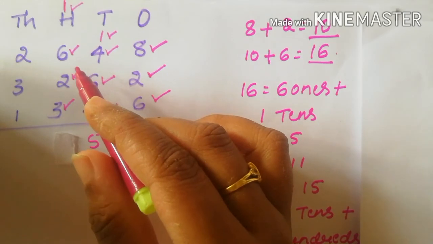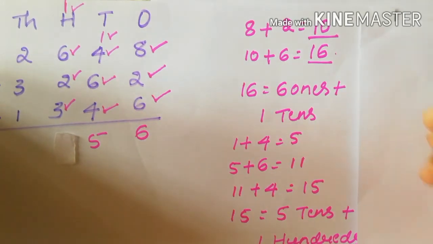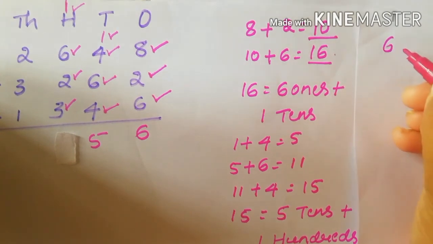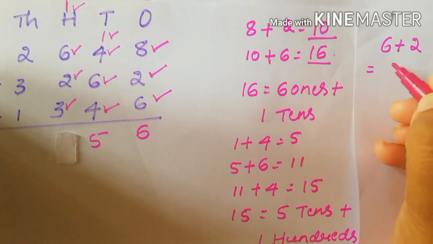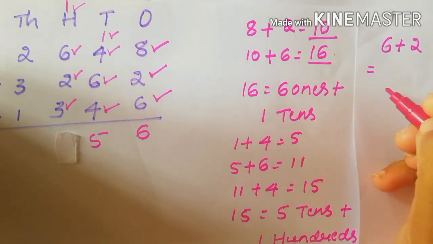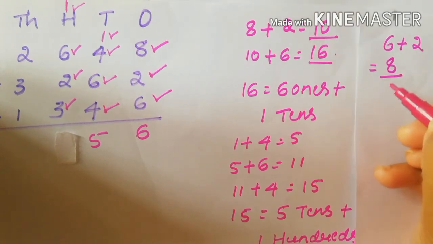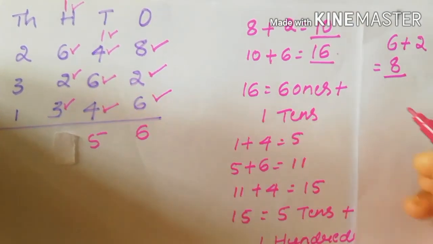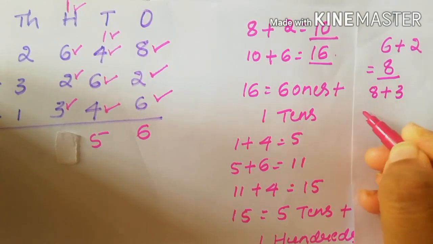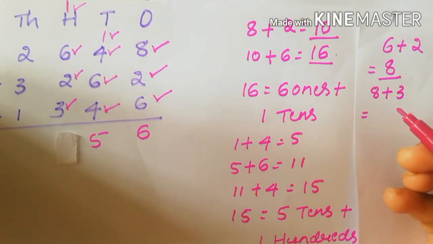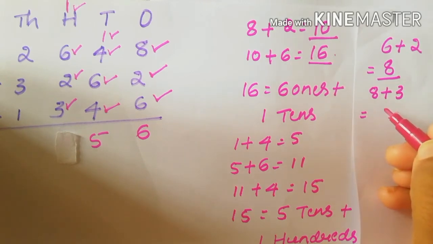The digits which are in the hundreds place. First we have to add 6 plus 2, which is equal to how much? 6, 7, 8. Then 8 plus 3: 8, 9, 10, 11.